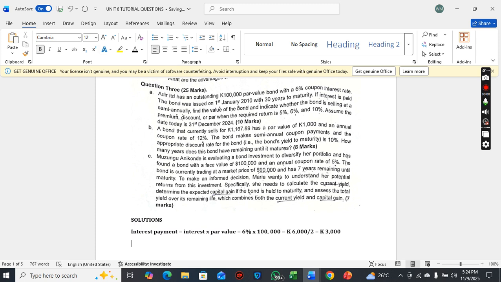Next, I'll find the time period. Since we want the value of the bond today, 31st December 2024, they told us this bond is for 30 years. It was issued on 1st January 2010, and we are on 31st December 2024.